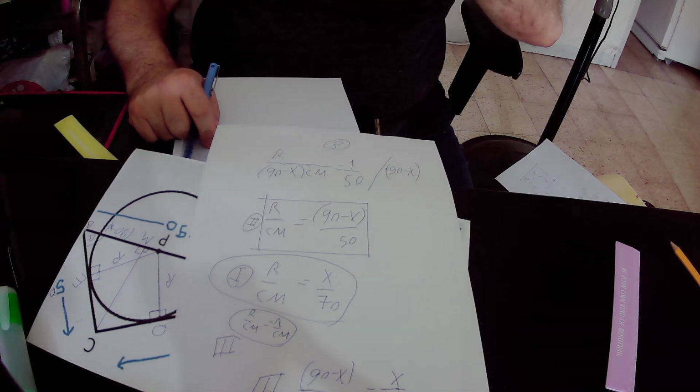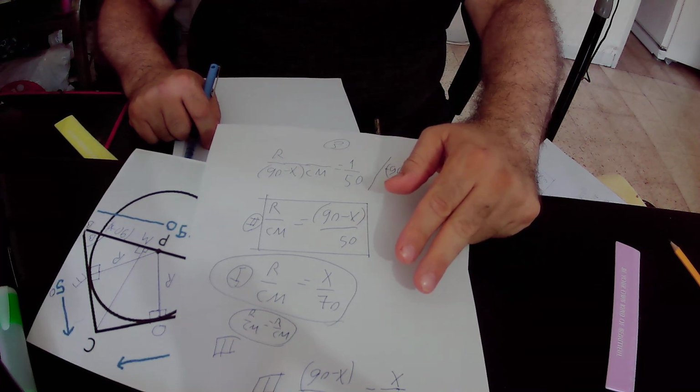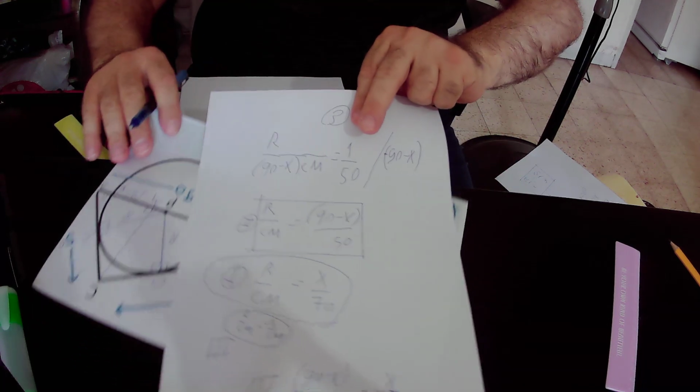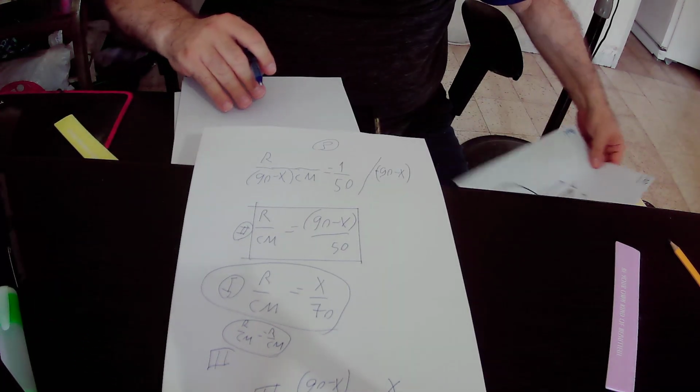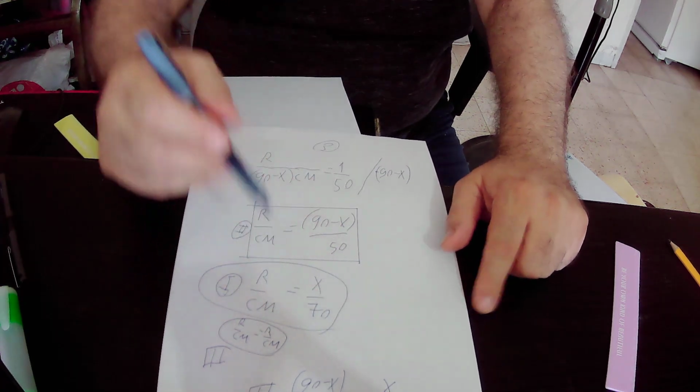Okay, now we'll multiply both sides of the equation by 50.